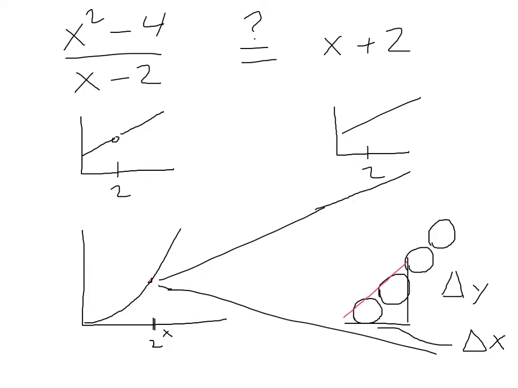And you can do this with your calculator. If you plug in 2.00001 here for x, not 2, and you plug in 2.00001 here, both of these equations will say the same number. In fact, if you plug in 2 and 100 zeros and a 1 here, and 2 and 100 zeros and a 1 here, those two equations all say the same number.